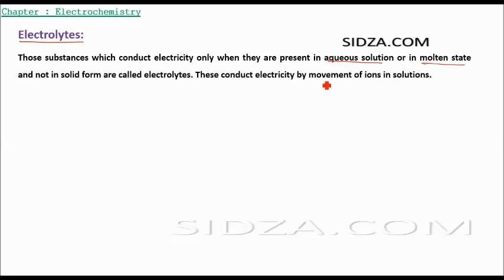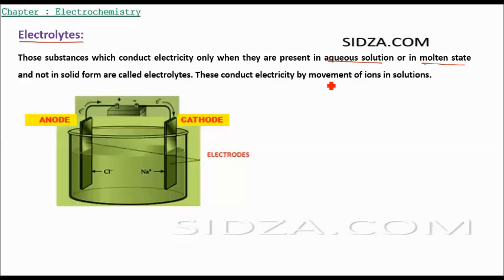That's why electrolytes in the solid state are bad conductors, while in the aqueous solution or in the molten form the ions are a little bit free and they can move. Suppose let's take an example of molten NaCl.